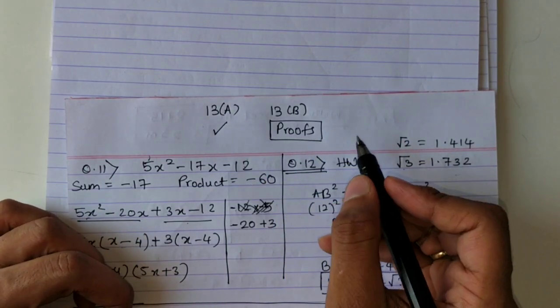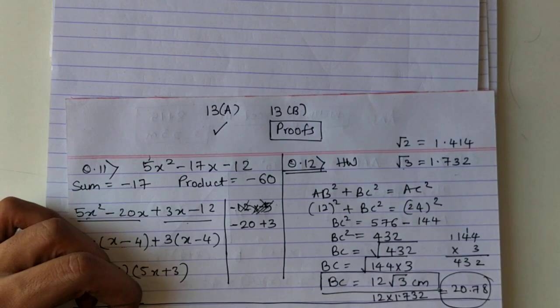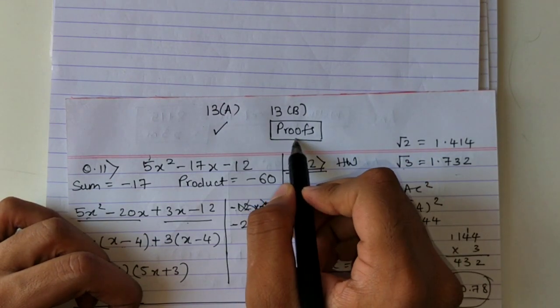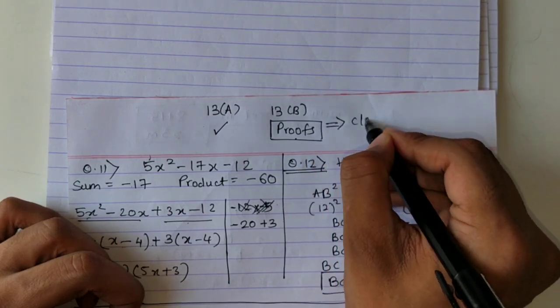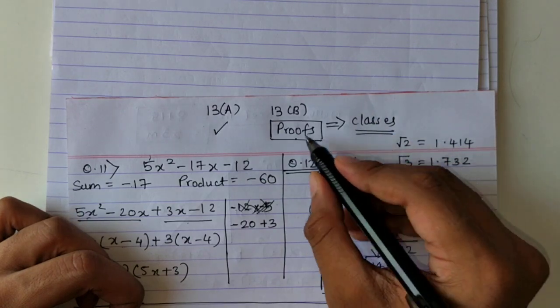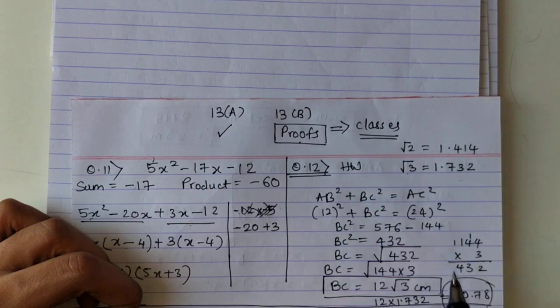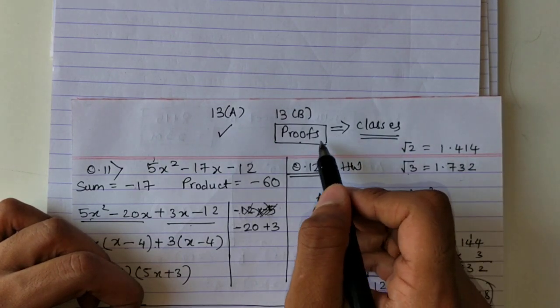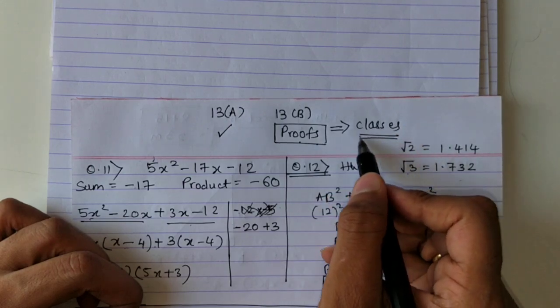And usually every year they are cancelled. Okay, so even if they come in the exam, we'll do them in classes. Okay, because in videos you won't be able to understand. Proofs are very difficult. Okay, they are big derivations, they have big explanations. So if it is there in your syllabus, if the school says yes, we'll do them in classes.